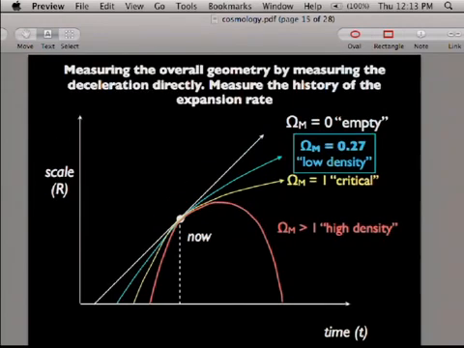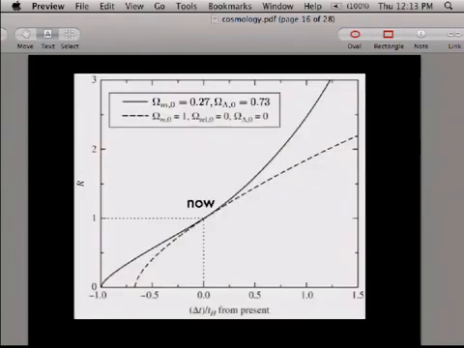So our universe, omega matter, is 0.27, but we are living in a flat universe due to the dark energy. If you see this, the dashed curve is the critical universe. We have only matter and a flat universe.